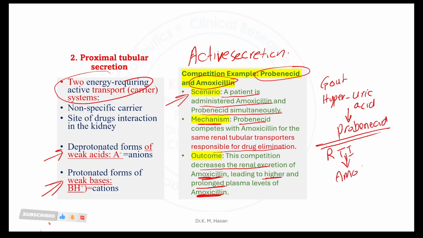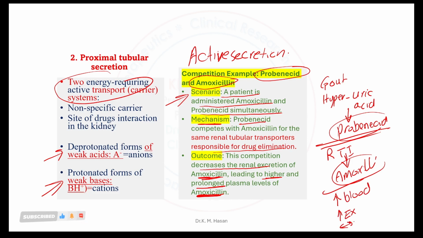So what is your expectation here? Will amoxicillin remain high in the blood due to the combination with probenecid, or will its excretion increase, or no change?